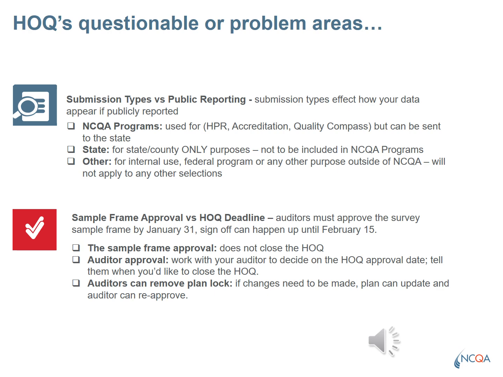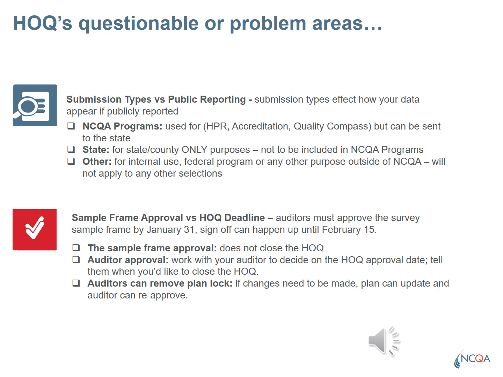If changes have to be made after that to the sample frame approval or anything that you have to do regarding that sample frame approval, your auditor can go in and remove the plan lock. Once that lock is removed, you can make your changes, and then they will go in and reapply that plan lock.